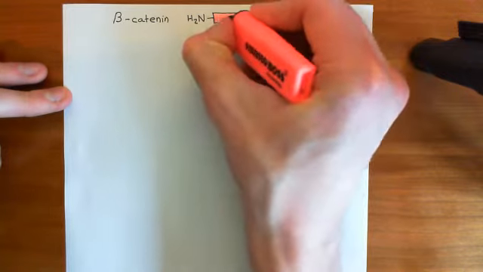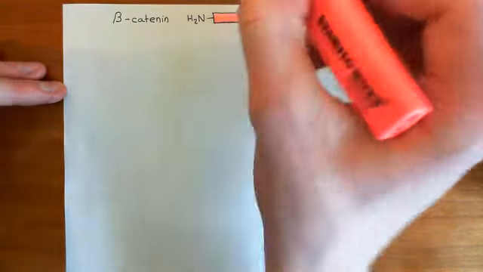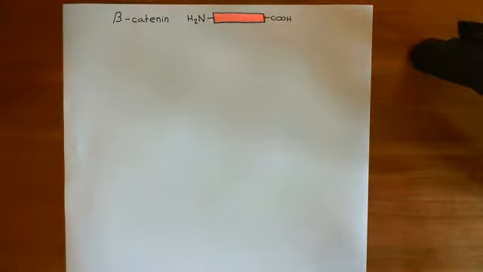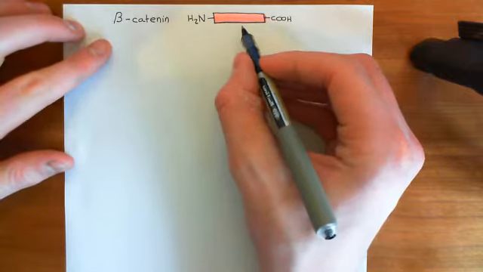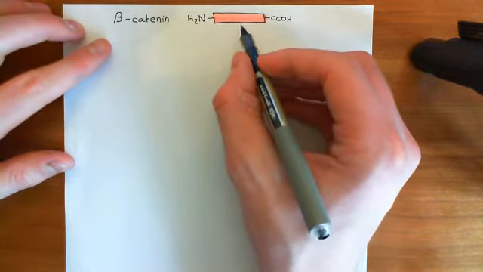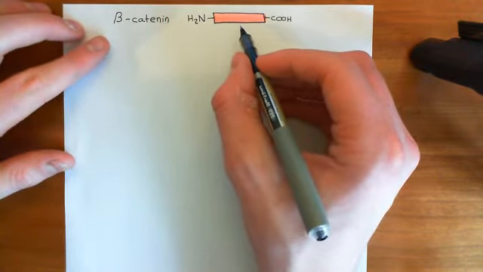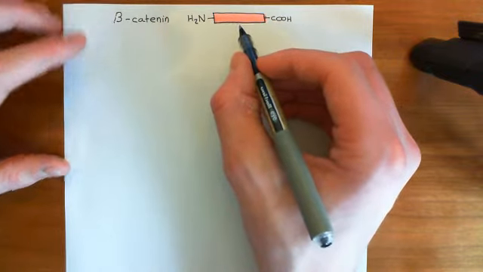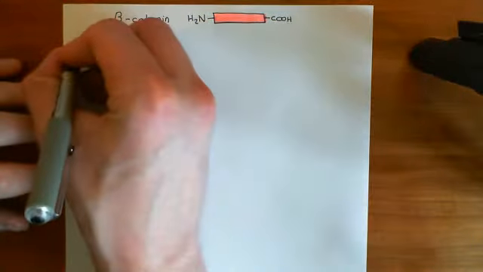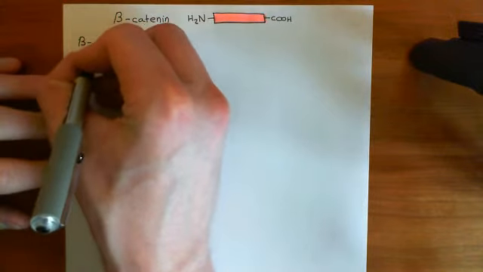Right. So we're now going to discuss the fact that usually in the off state of the Wnt beta-catenin pathway, beta-catenin gets made, and then the instant it gets made, it's going to be destroyed. And the reason for this is that during the off state, you have assembled structures known as beta-catenin destruction complexes.